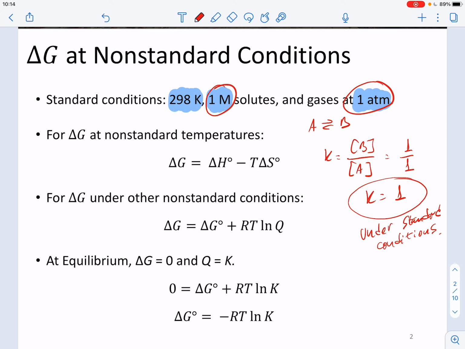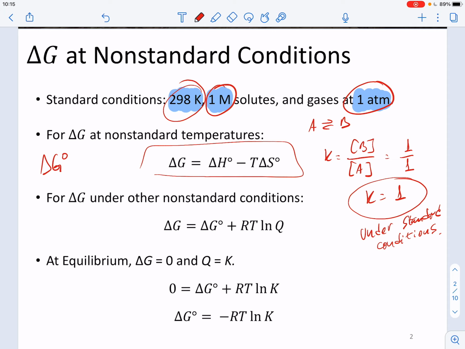The first equation that we're going to mention here is delta G equals delta H minus T delta S. You are already familiar with that. So remember, if you talk about delta G standard, you are referring to precisely those conditions: 298 Kelvin, 1 molar, 1 atmosphere.